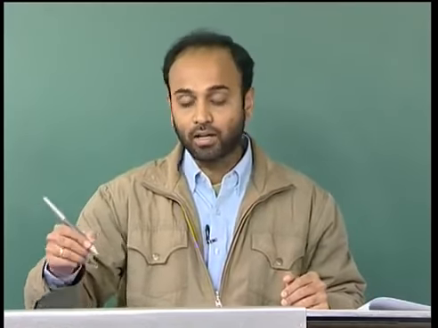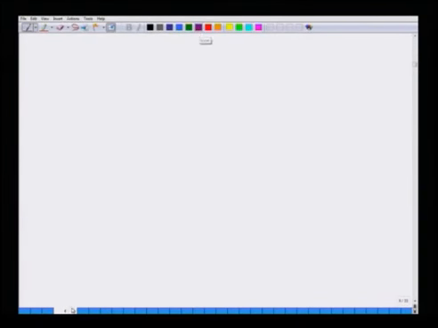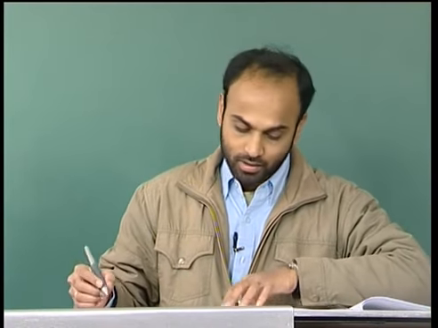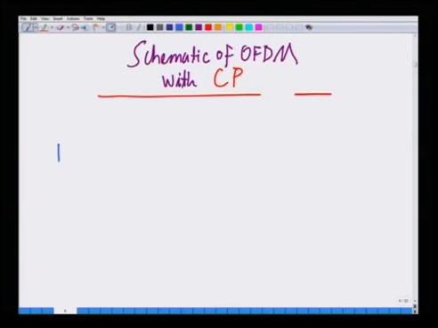And let me now draw a schematic for this OFDM system with the cyclic prefix. I have something extremely similar, except now I am adding the cyclic prefix. I have a block for serial to parallel conversion.